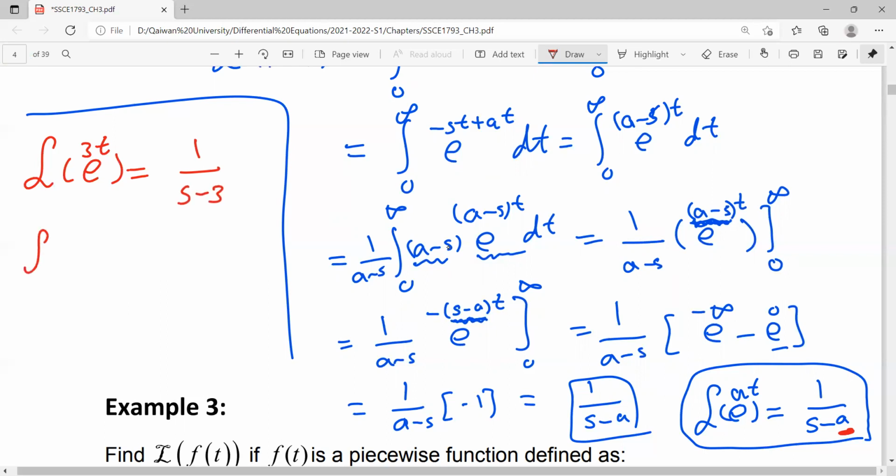How about the Laplace transform of e to the power minus 2t? It equals 1 over s minus 2, and becomes plus 2.